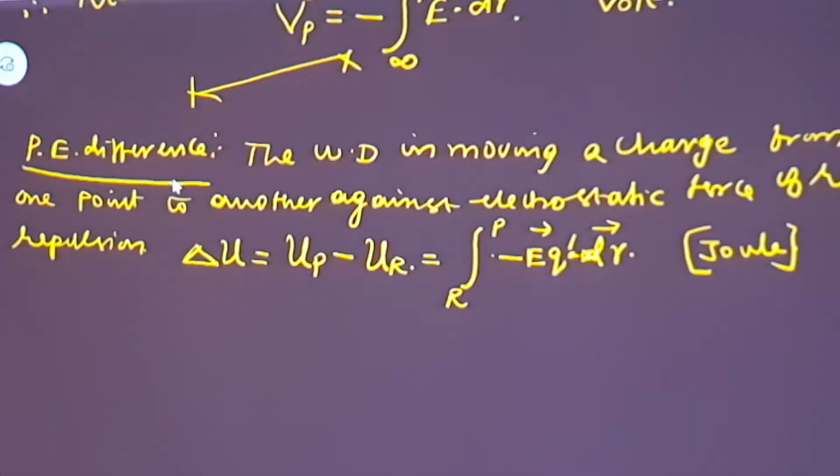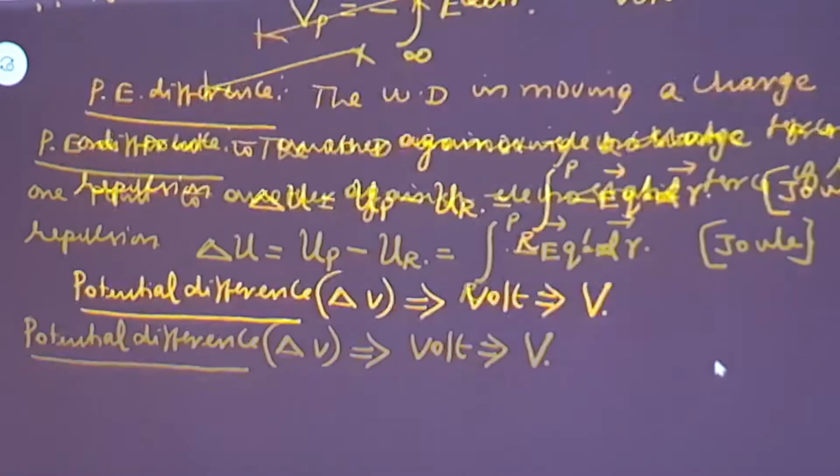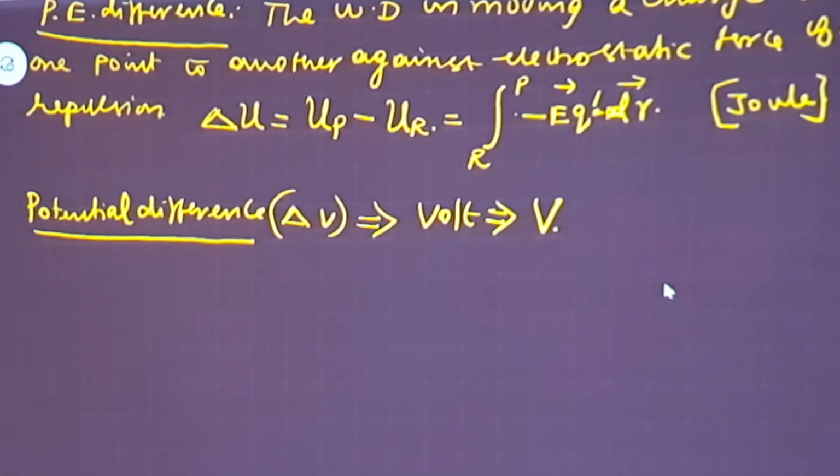Like this, from this potential energy difference, we can define potential difference. What is meant by potential difference? Potential difference is represented as delta V, measured in terms of the SI unit called volt, marked as V. It is nothing but potential energy per unit charge.